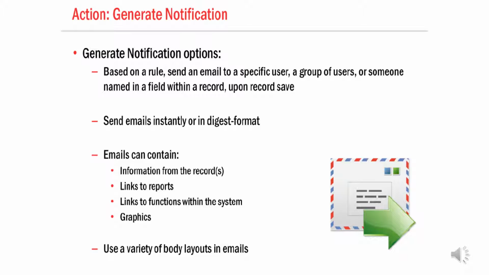In addition, you can trigger emails based on a date value, such as the number of days remaining before a given date. For example, you might create a generate notification action to send a reminder email 15 days before the date selected in a record's due date field to the user selected in the Records Project Manager field.